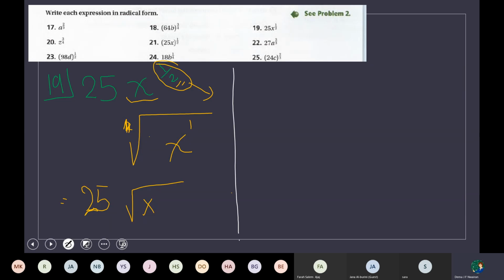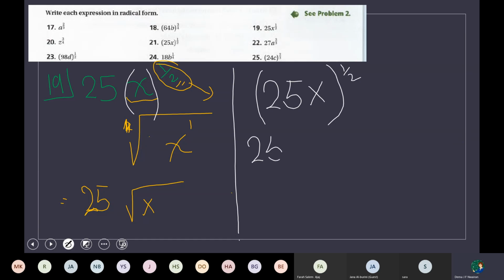This is not a question from the book. If it's now like 25x, for the previous one the half is raised only to x. Here now, it's raised to 25 and to x.